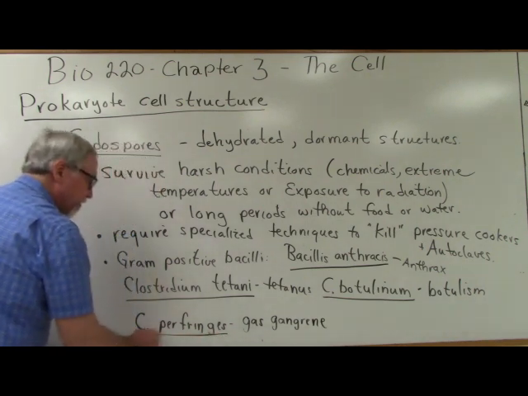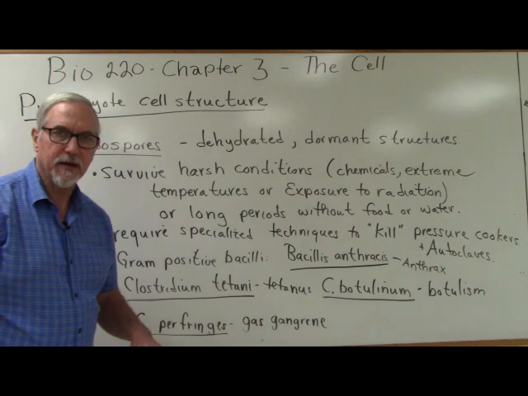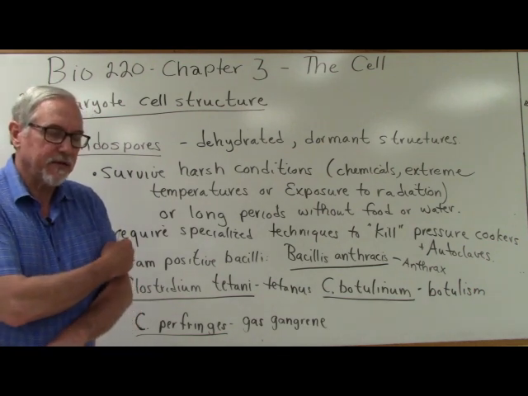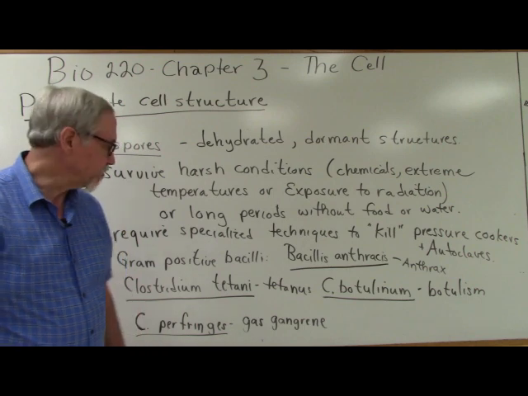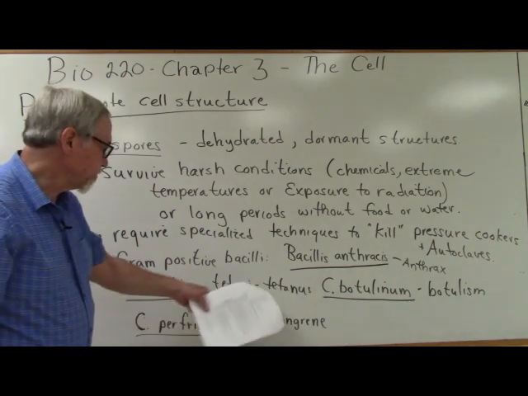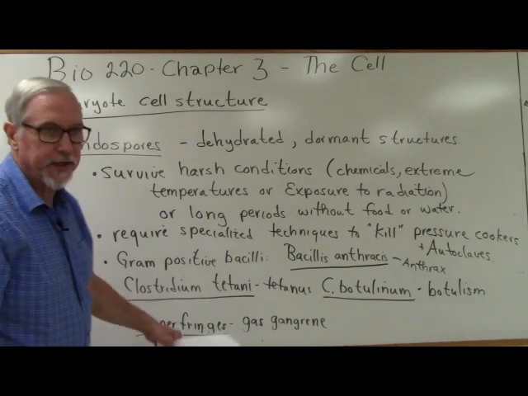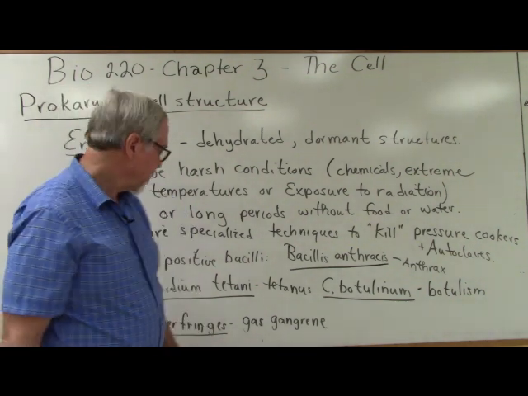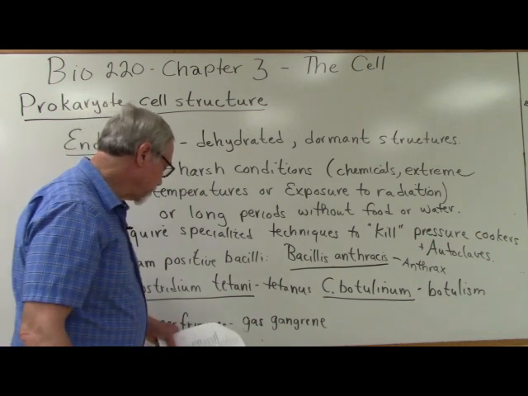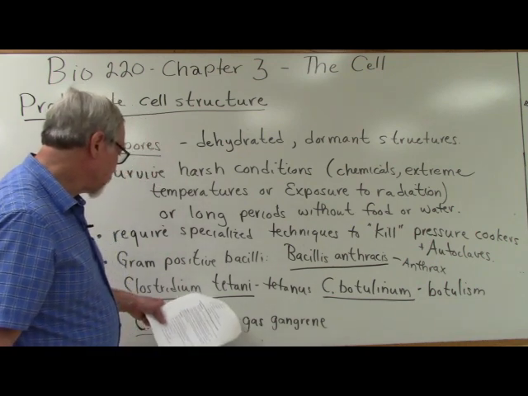Let me again underline this. Gas gangrene is what happens if you have an injury where the tissue becomes necrotic and anoxic, where there's no oxygen. So these organisms also require a low oxygen environment. If you have an injury to a limb, let's say it gets crushed or punctured and it dies, the same thing with Clostridium tetani.